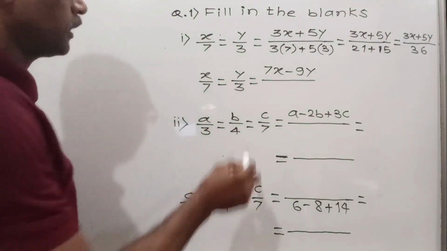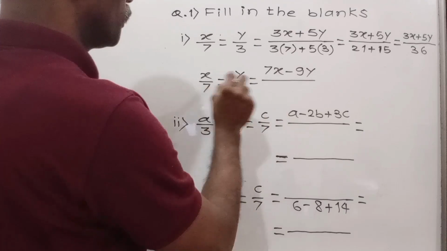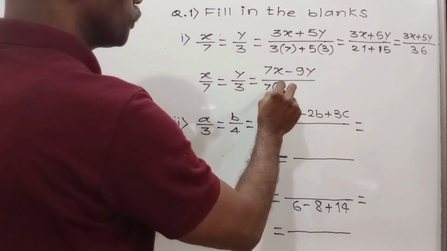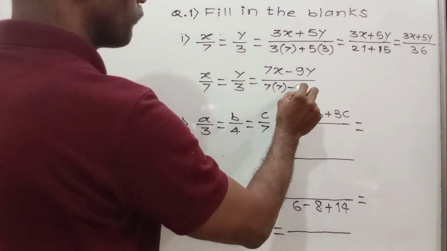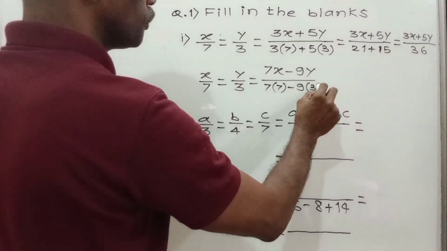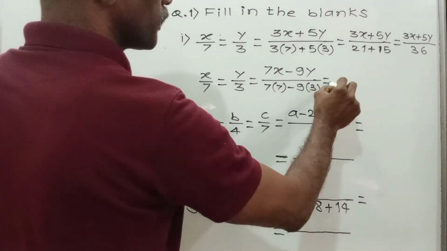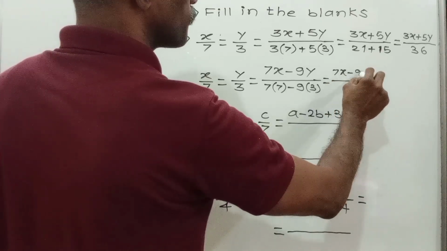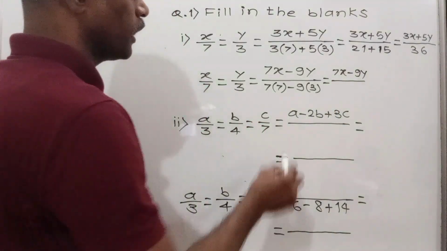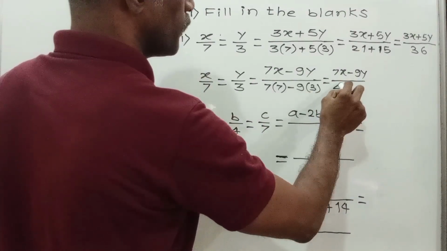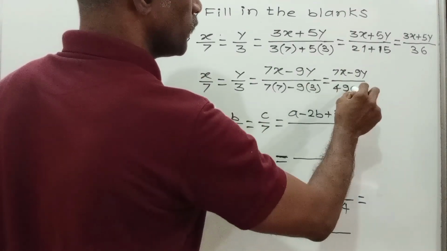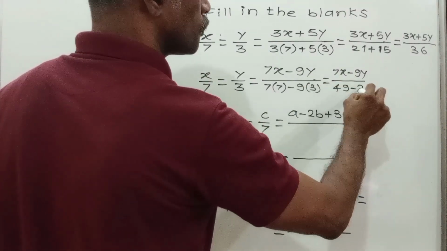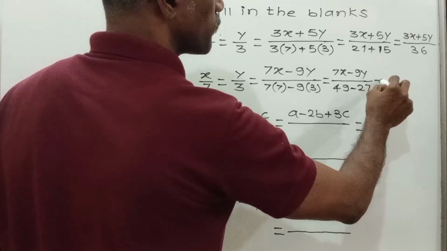Same way here also. 7x minus 9y upon 7 into 7, 49, minus 9 into 3, 27.